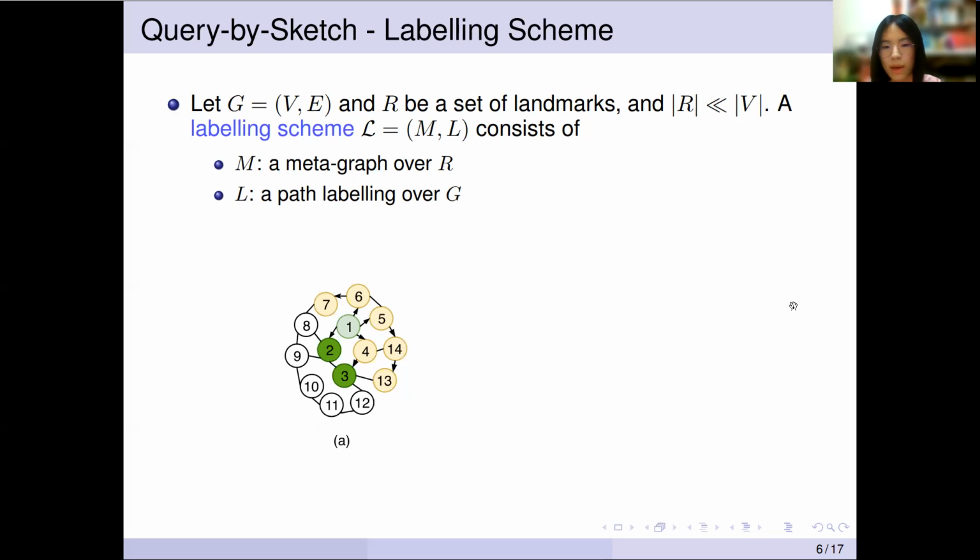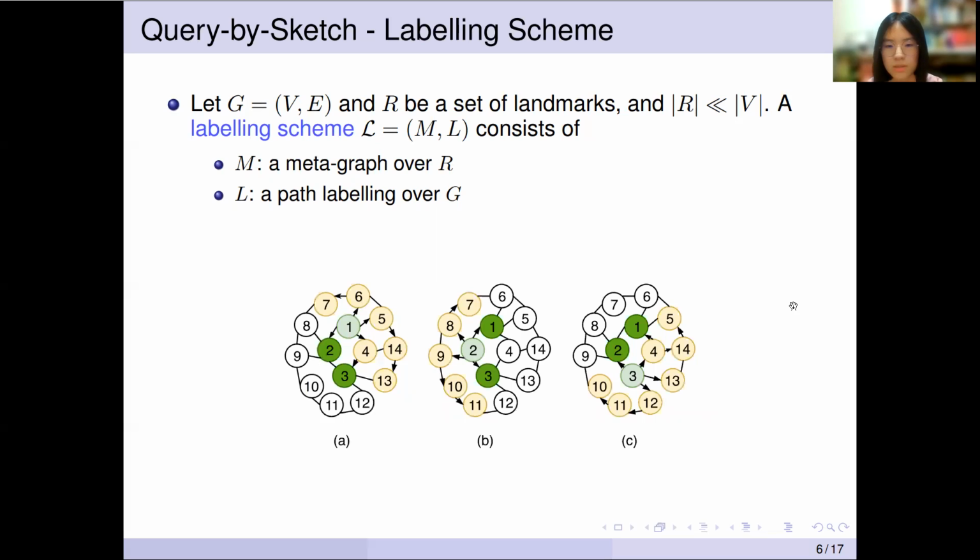Notice that our way of labeling is not to construct labels and remove redundant ones. We construct only useful labels. Also, in this breadth-first search, we can compute all the edges related to landmark 1 in the metagraph. Similarly, we also perform breadth-first search rooted at landmarks 2 and 3. Therefore, the labeling scheme has been constructed.